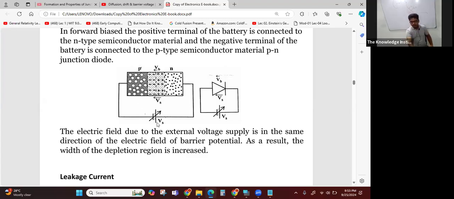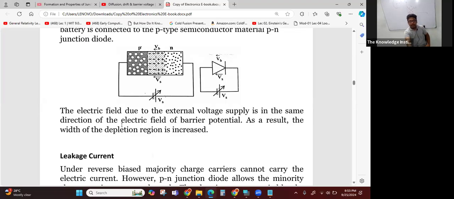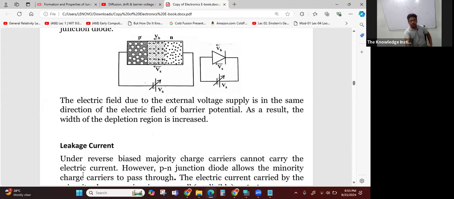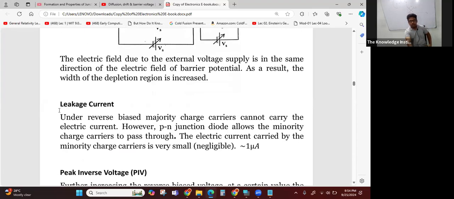So now if we apply a reverse voltage, more holes and electrons will move and diffuse, and they will recombine so that the depletion region gets thicker. When we increase Vs, a small current will be there due to the recombination. That is known as leakage current. It is a small current, also in the range of microamperes.